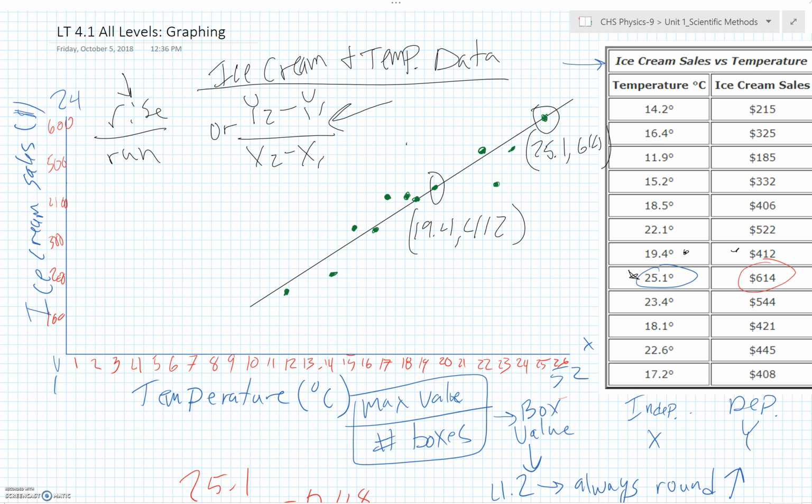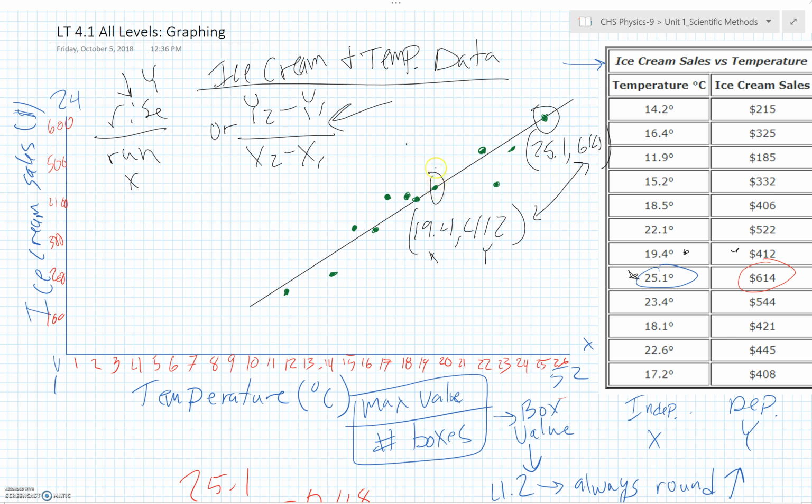Now, remember, rise tells me what's happening on the y-axis, and the run is telling me what's happening on the x-axis. So my rise is going from 412 to 614. The way we'd figure out how much that goes up by is by subtracting these.